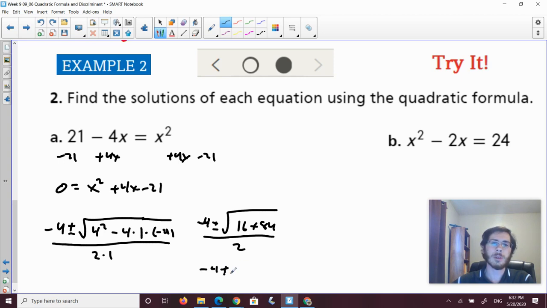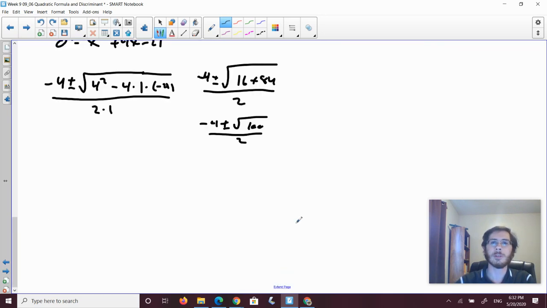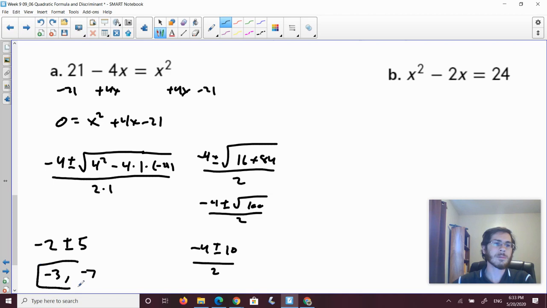So -4 plus or minus the square root of 100 over 2. We know the square root of 100 is 10. So -4 plus or minus 10 over 2. So this is going to become -2 plus or minus 5, which is -3 and -7. So they're going to be my 2 answers for that one.